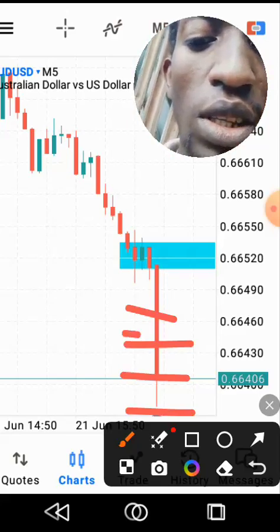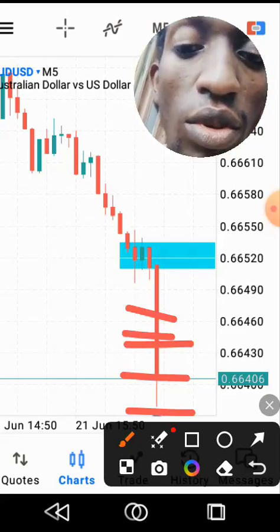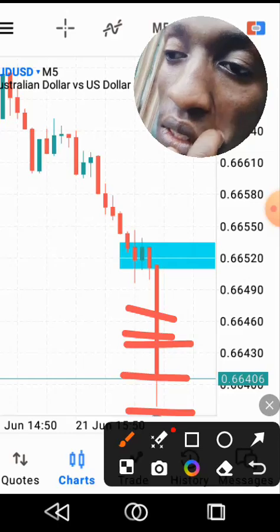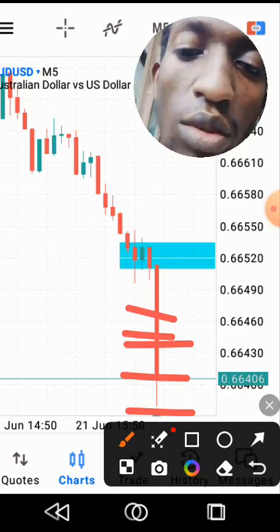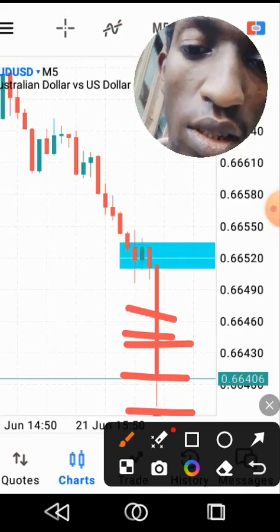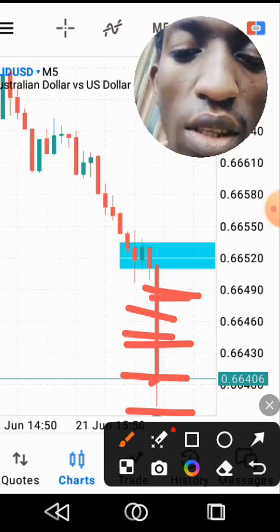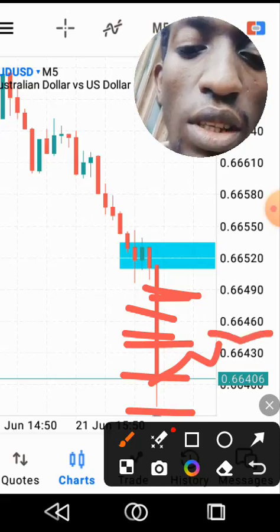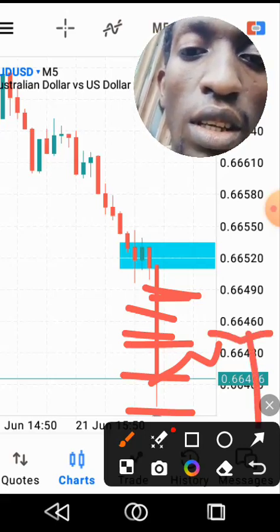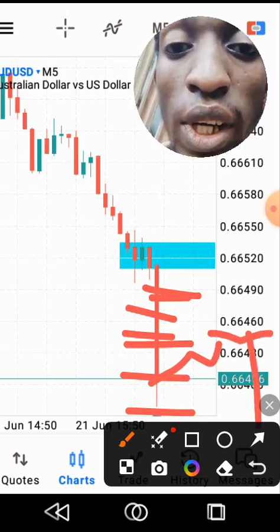You can put it at TP3. After TP4, you can put it at TP3. But you can also put it at break even to be safe, because the price might just swing and still go down in your direction.